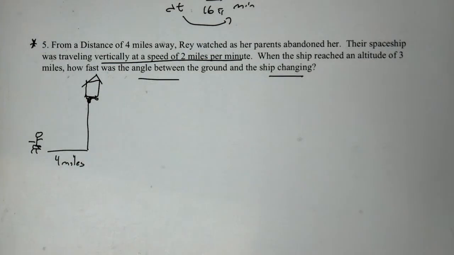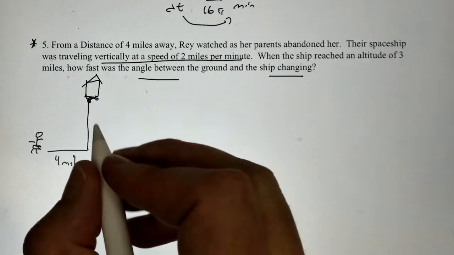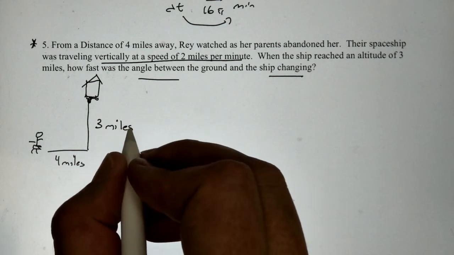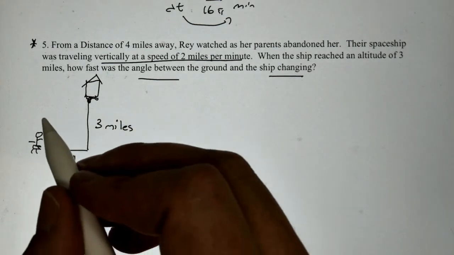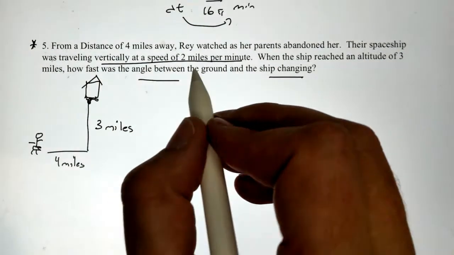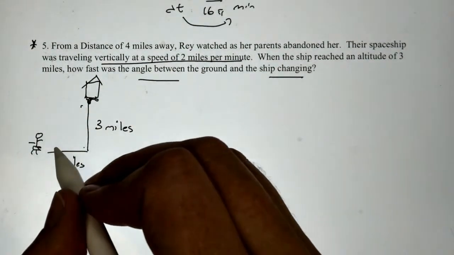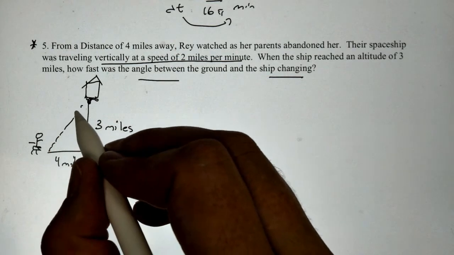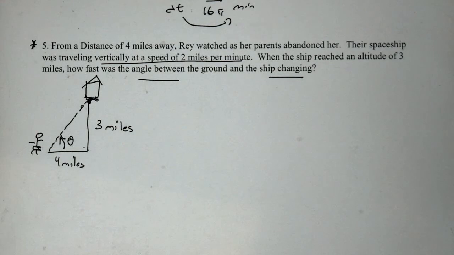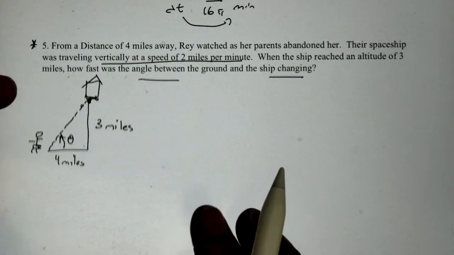There's our rocket ship. When the rocket ship reaches an altitude of 3 miles, we want to find out how fast the angle between the ground and the rocket ship is changing. So this angle right here, we want to find how fast this angle is changing. So this one's going to blow our minds here.